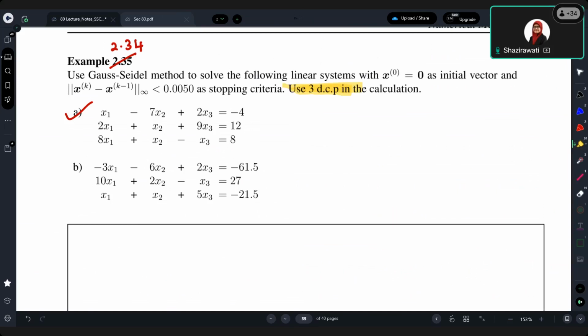Okay, so first check whether your matrix A is an SDD matrix. Initially, your A is 1, -7, 2, 2, 1, 9, 8, 1, -1. Okay, now, A SDD ke tidak?